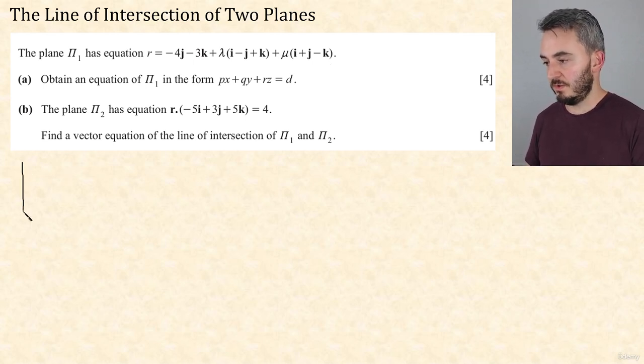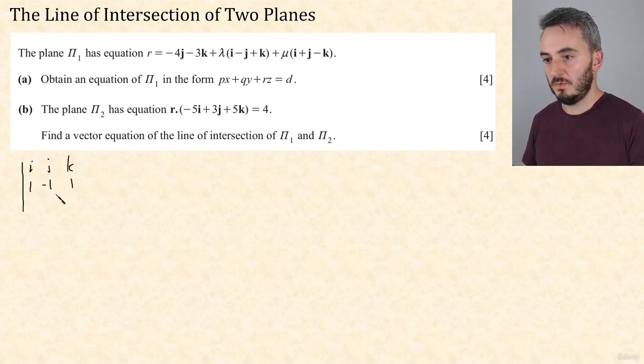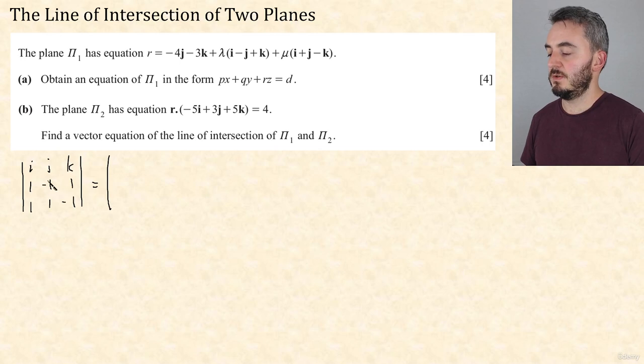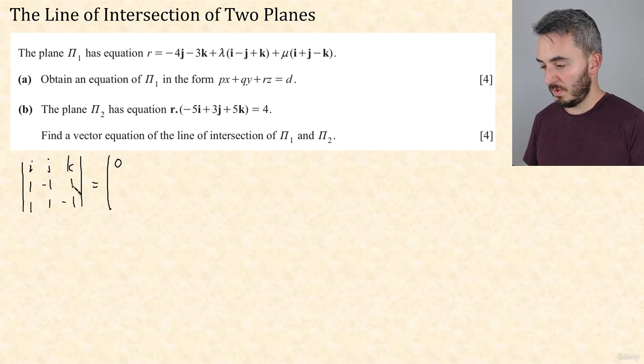So let's just cross those together. i, j, k, 1, minus 1, 1, 1, 1, minus 1. i times 1 minus 1, minus j times minus 1 minus 1. That would give us minus 2, but it's a negative, so 2. And k, 1 minus minus 1, so that's 2.